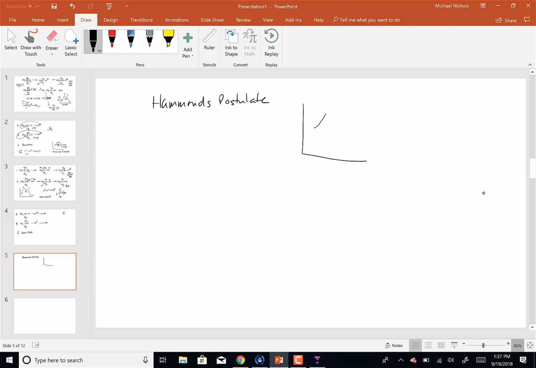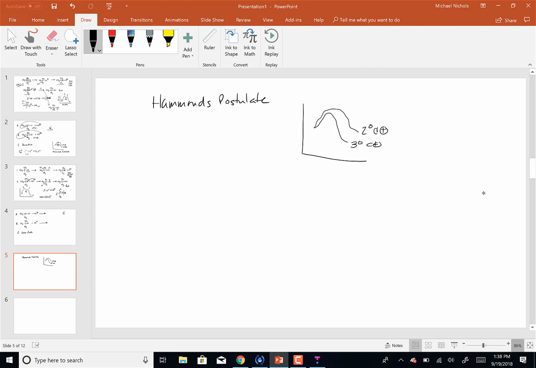If I draw my diagram so it looks like this, here's my secondary carbocation, here's my tertiary carbocation, and so what happens? The tertiary carbocation has a lower activation energy. That's not drawn to scale, that's just trying to give you the general idea.